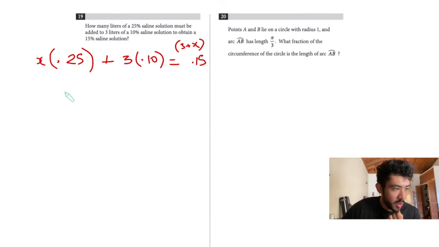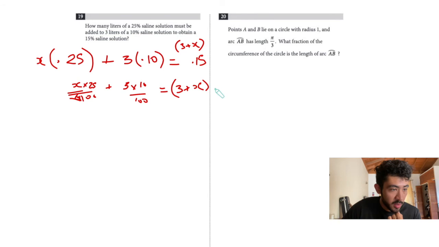Okay, so let's say this is x. 25% could be the same thing as a quarter, so a quarter x plus 3 times 10 over 100, so that's 30%, equals, actually, let me change this back to 25 over 100 so that I can get rid of the hundreds all in one fell swoop. 3 plus x times 15 over 100.